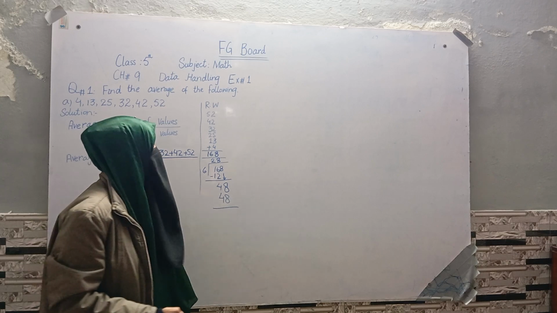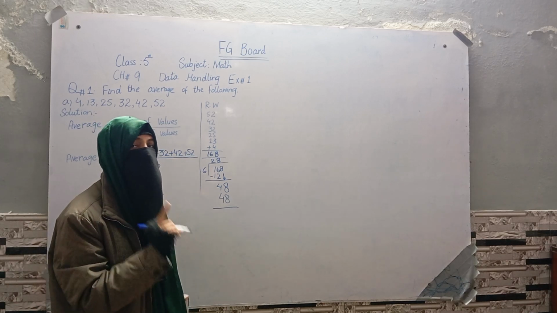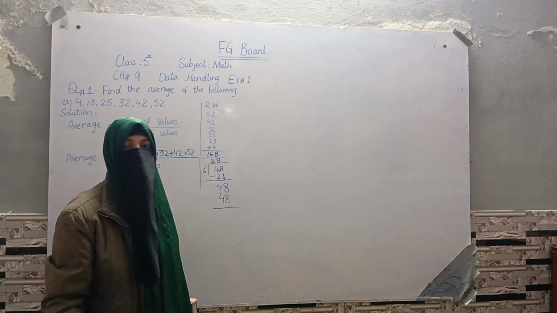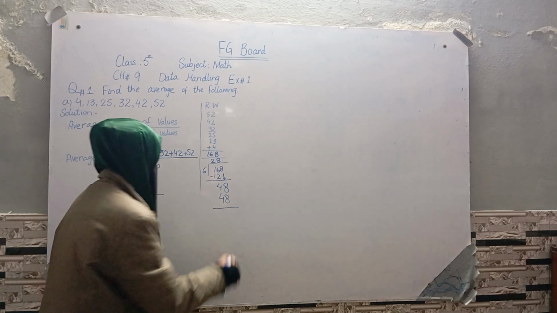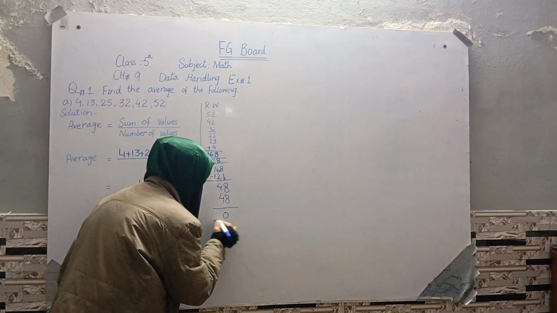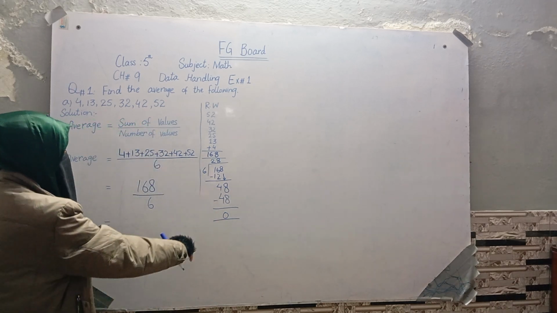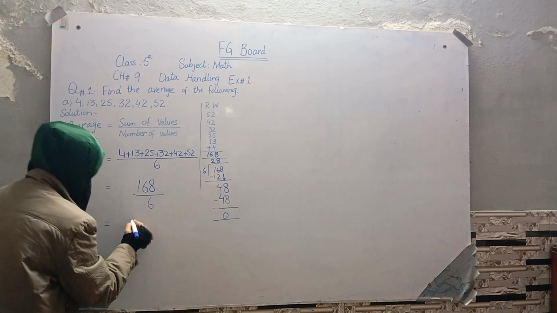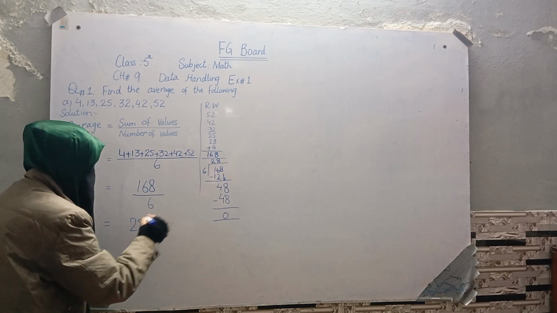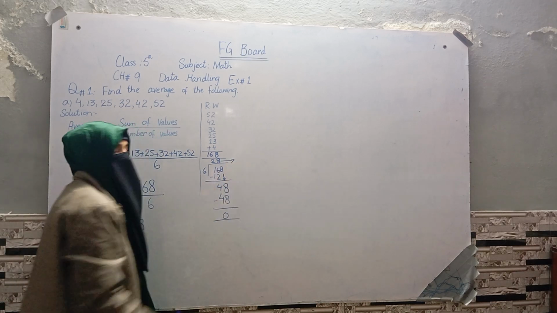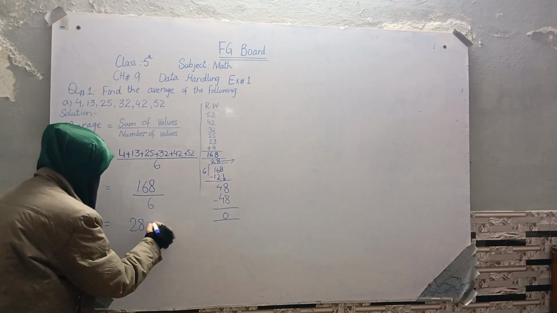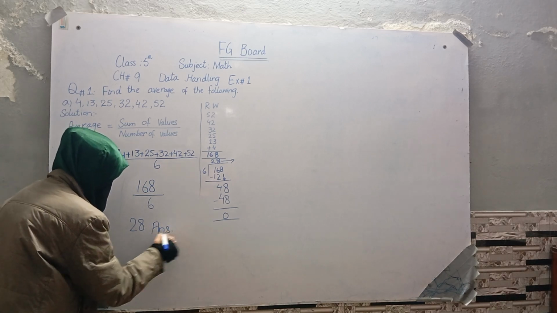You have to read all the table and you will come to that point where 48 comes. So there is no value left. After the subtraction, it is 0. So 6 eights are 48, and the upper side you are seeing, this is the answer. So 28 is the answer.